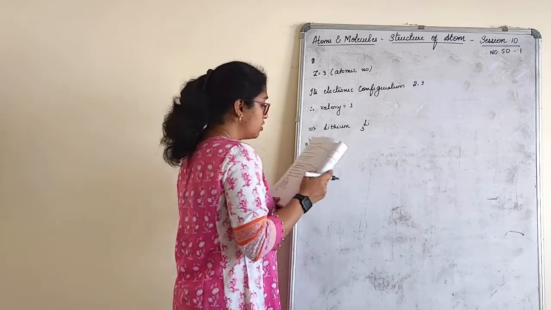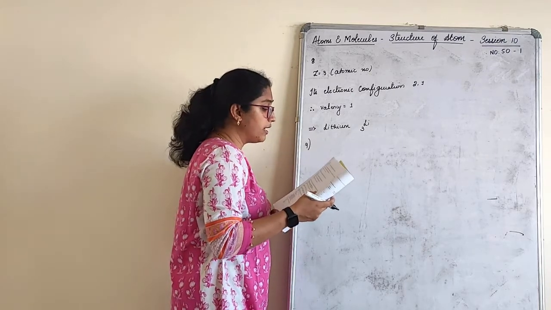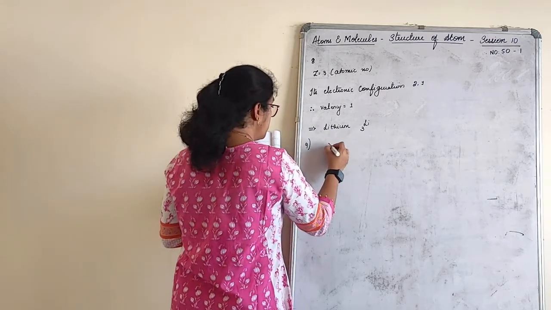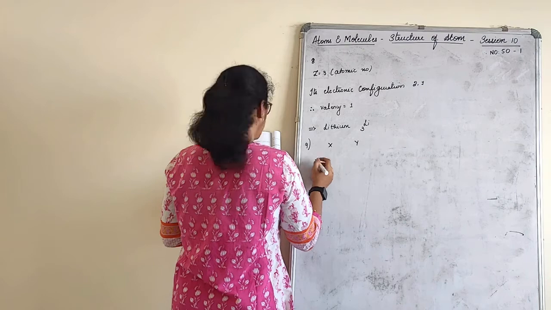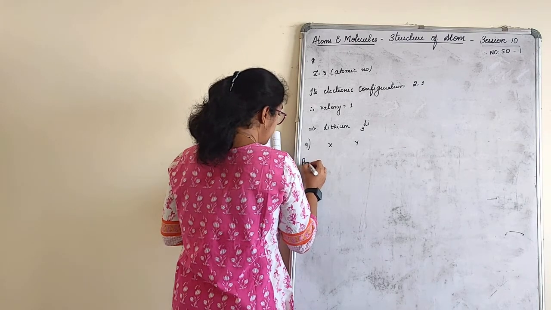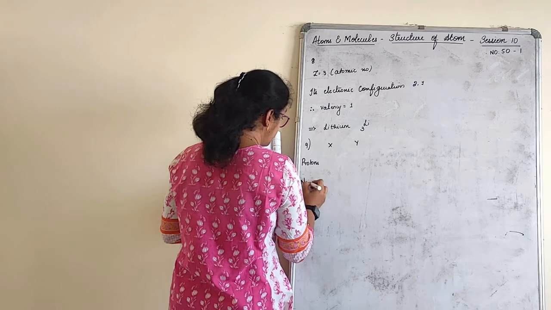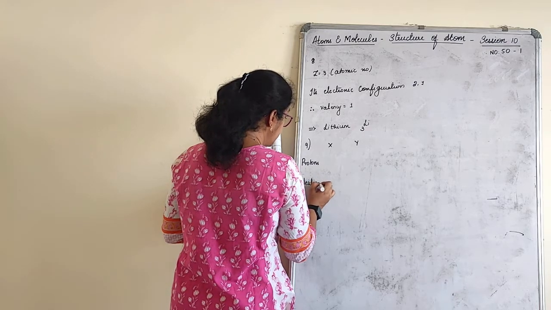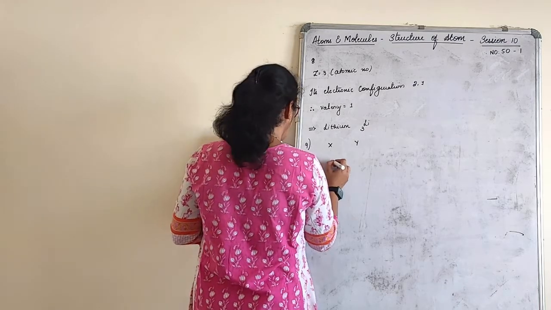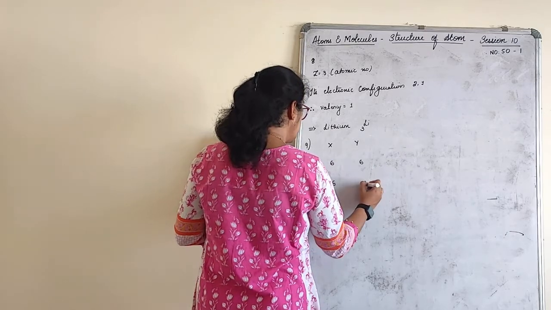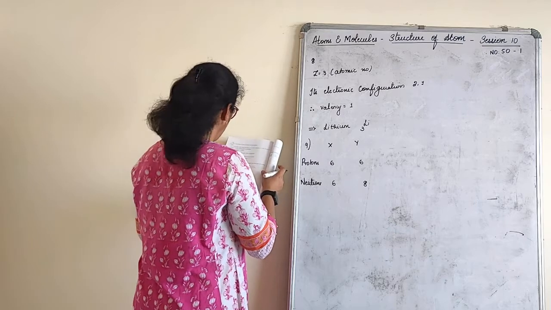13th question. Composition of nuclei of two atomic species X and Y are given. So X and Y, protons, neutrons. Protons means atomic number 6 and 6. Neutrons are 6 and 8.